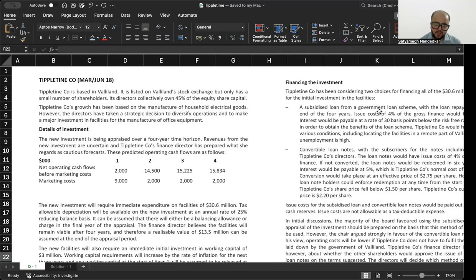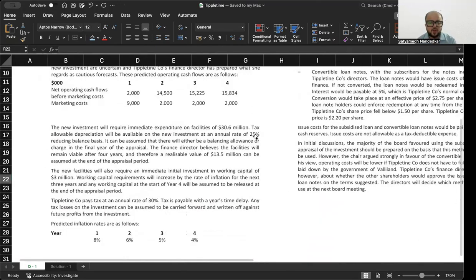Tax allowable depreciation will be available on the new investment at an annual rate of 25%, reducing balance. Okay. It can be assumed that there will either be a balancing allowance or charge in the final year of investment appraisal. The finance director believes the facilities will remain viable after 4 years and therefore a realizable value of 13.5 million can be assumed at the end of the appraisal period. Okay. So you know now you have the residual value of the project also.